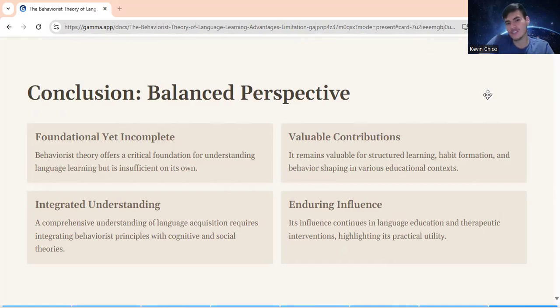Valuable contributions: it remains valuable for structured learning, habit formation, and behavior shaping in various educational contexts. Integrated understanding: a comprehensive understanding of language requires integrating behaviorist principles with cognitive and social theory. Enduring influence: its continued influence in language education and therapeutic intervention highlights its practical utility.